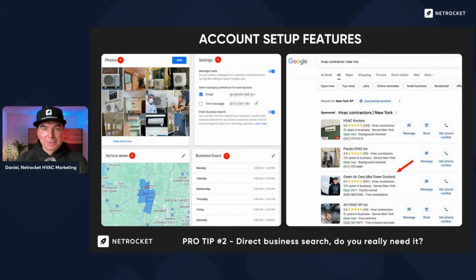The direct business search, you see this little button, but usually by default it's on. So what it will do if you don't turn it off, it will show your local service ads for brand searches.